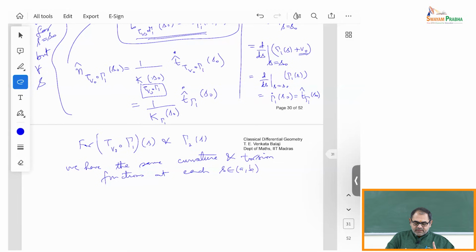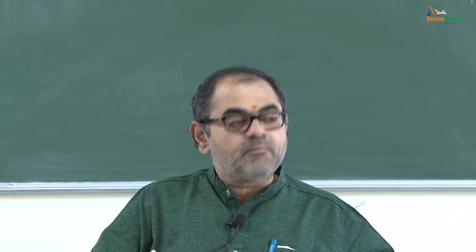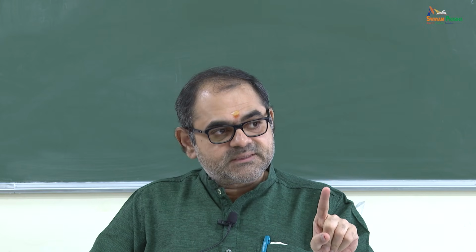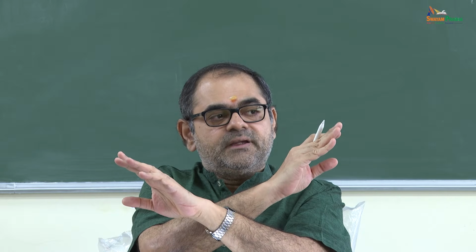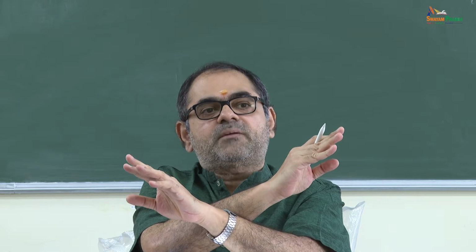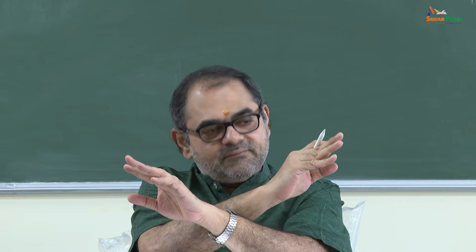T_v0 circle gamma 1 and gamma 1 differ only by a translation, so they have the same curvature and torsion. But gamma 1 and gamma 2 are already assumed to have the same curvature and torsion. Therefore T_v0 circle gamma 1 and gamma 2 also have the same curvature and torsion. The only problem is that the curves, as superimposed, pass through the same point for the parameter value s naught, and even at that point the Frenet-Serret frames are different.